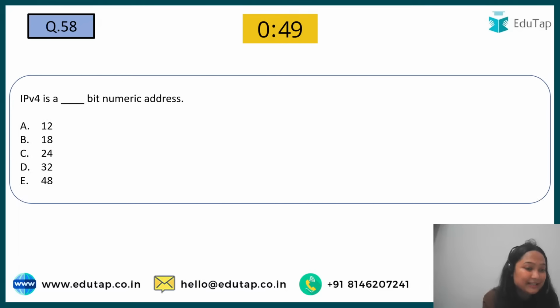Option number C. Alright, now IPv4 is a dash bit numerical address. Now IPv4 is a type of IP address, internet protocol. So here you will have to tell me how many bits are there in it. Is it 12? Is it 18? Is it 24? Is it 32? Is it 48? Question number 58 we are talking about.